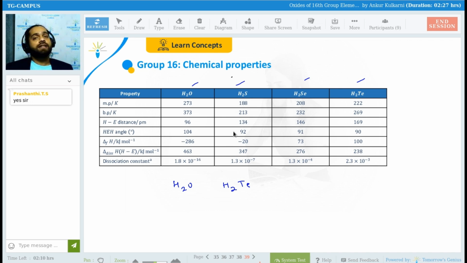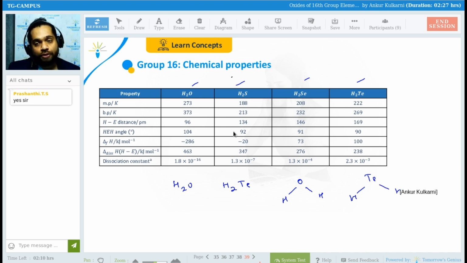What is the criterion? You have to check which bond will break easily. The bond which breaks easily will give you the H plus.